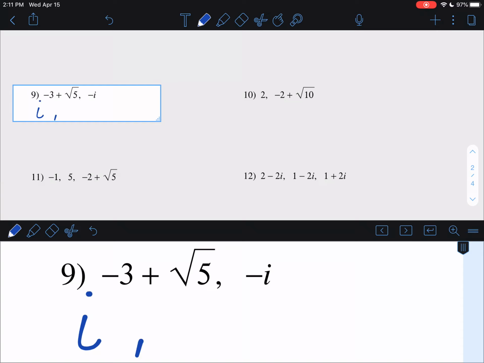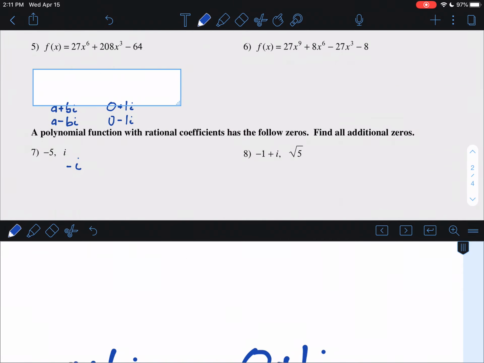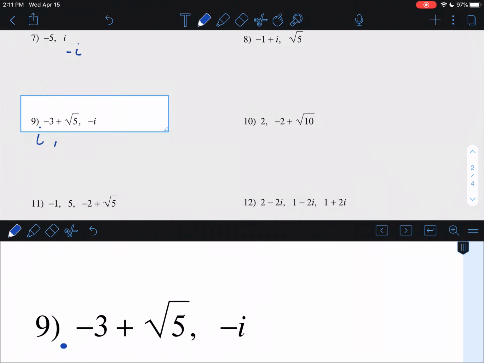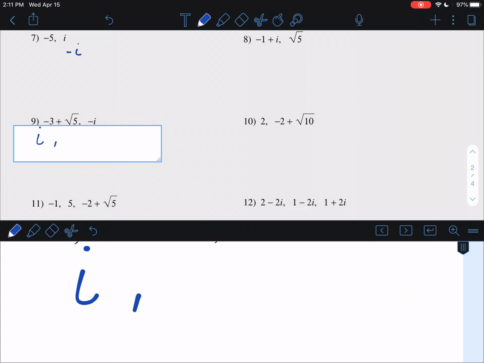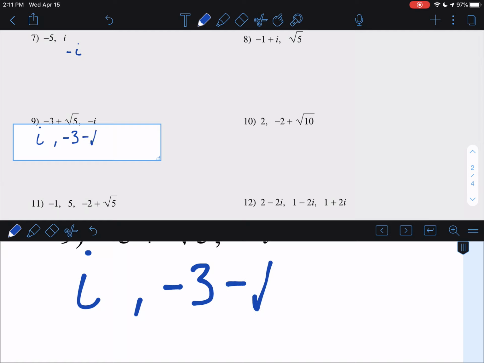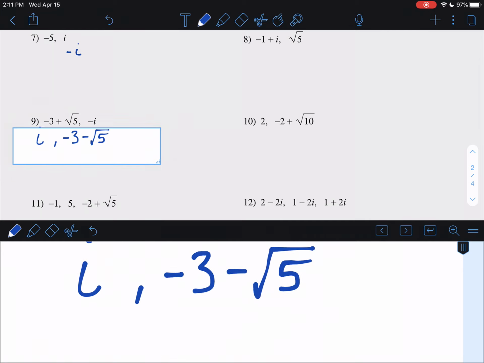And the other 0, the same rule applies with these complex conjugates for these irrational numbers. So I have -3 plus square root of 5, which means I also have to have -3 minus square root of 5. And you'll see why this is in the next section. So if I have -i, I have to have i.